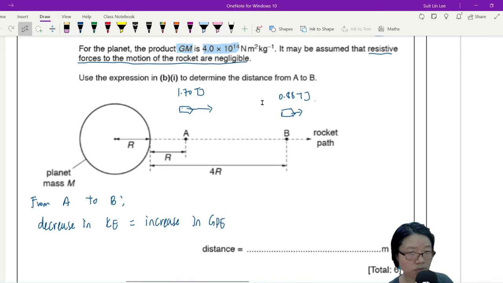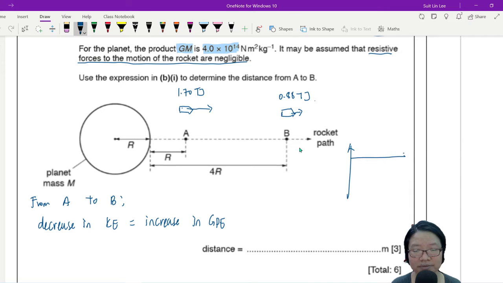It's traveling from A to B, so the further away from the center, less negative. You think about your graph like that. A is probably here, B is probably here. You are moving up the potential gradient. So your potential energy increases.